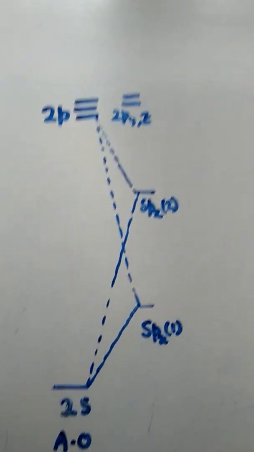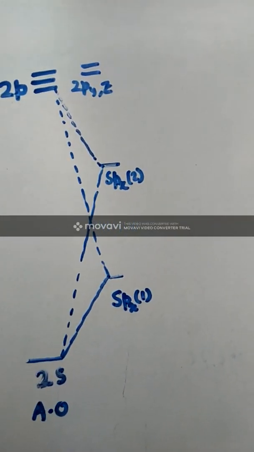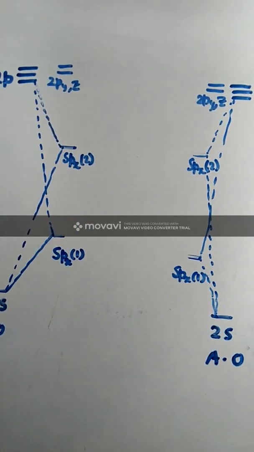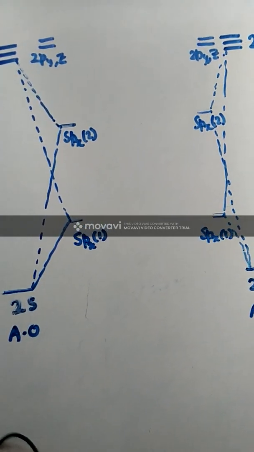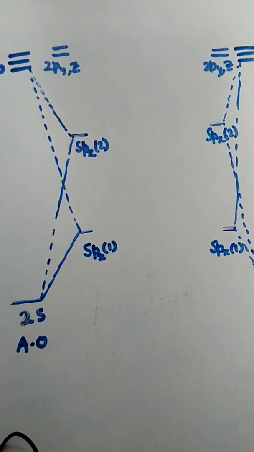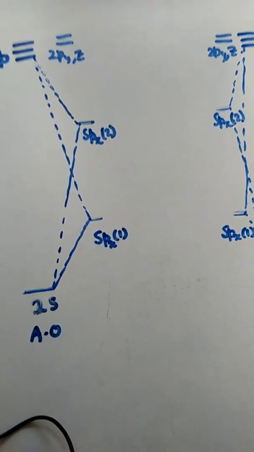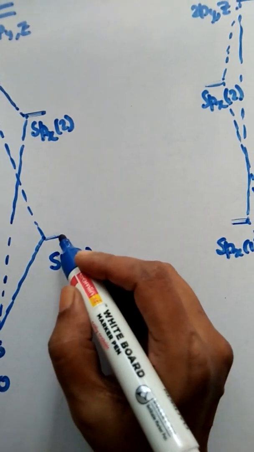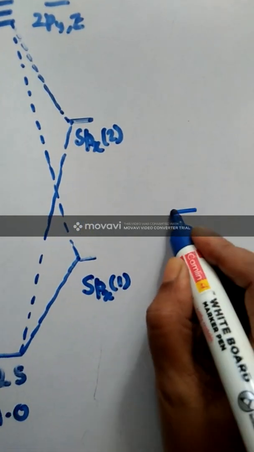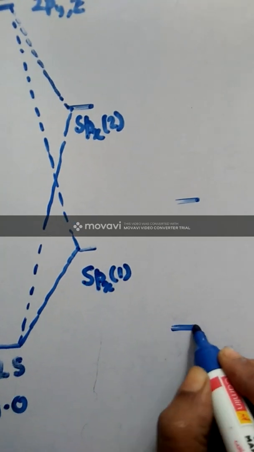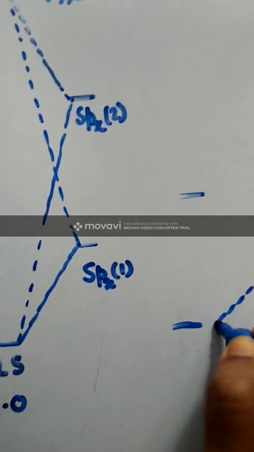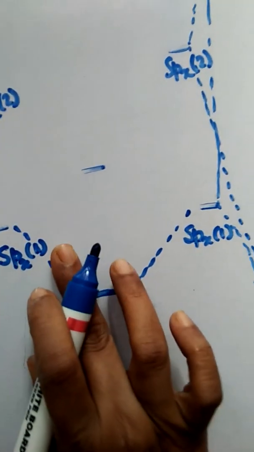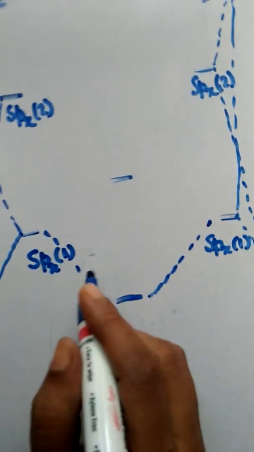So why have I taken px for the interaction? Because we have considered the x axis as the molecular axis. That's why we have kept py and pz for pi interactions, and this px will be for sigma interaction. Now how will they form the MOs? Let us draw that. These two spx1 will combine to form one sigma orbital and one antibonding sigma star orbital.